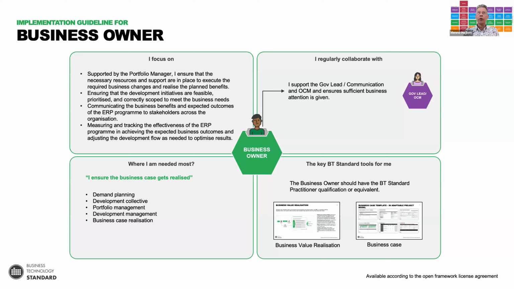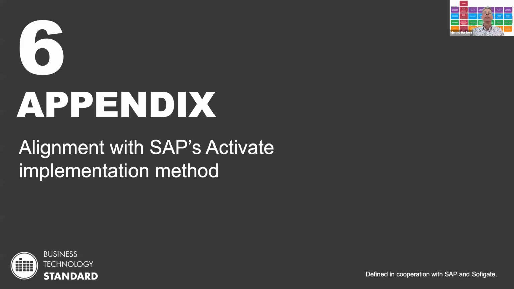Lastly, I'm going to show we did together with SAP a bit of a cooperation on how to encapsulate their SAP Activate model. They have a whole implementation methodology. It's publicly available, and it's really comprehensive. There is a tremendous amount of information there, but it also goes to show that that type of information might be very overwhelming.